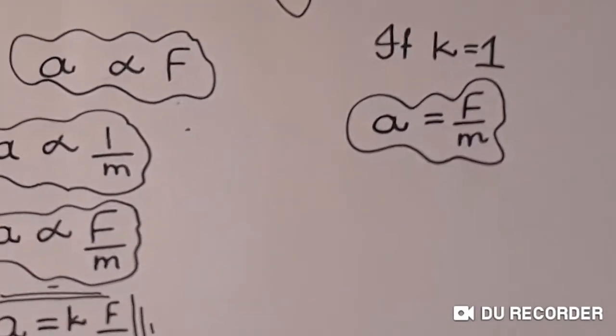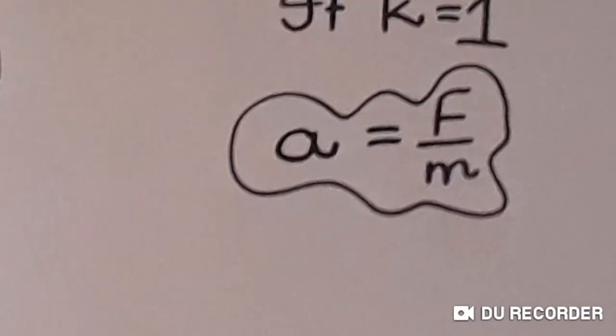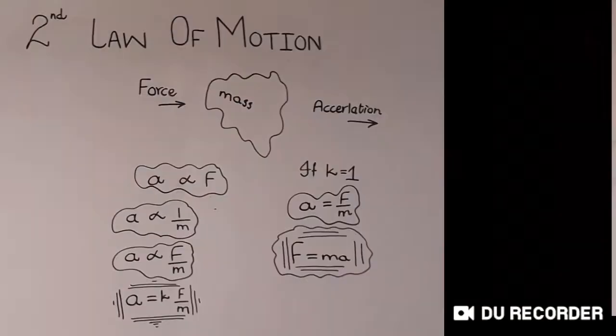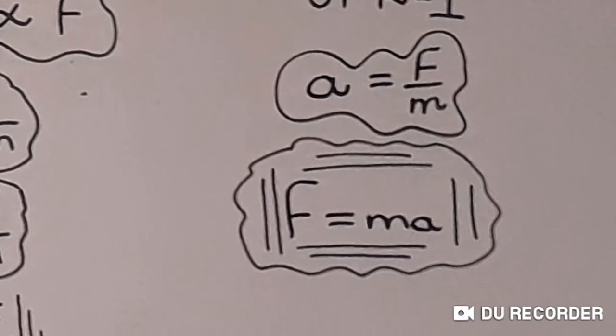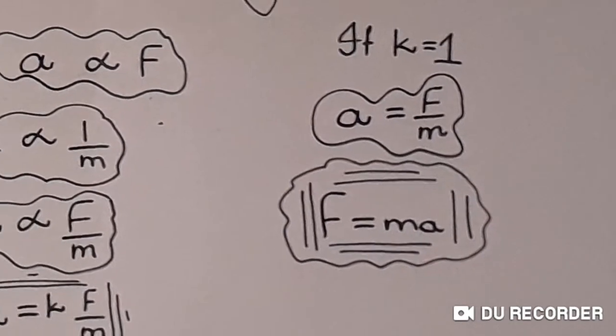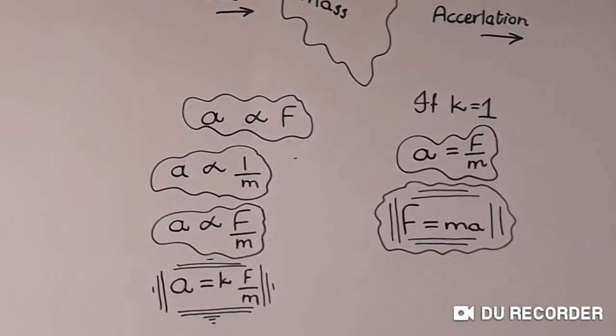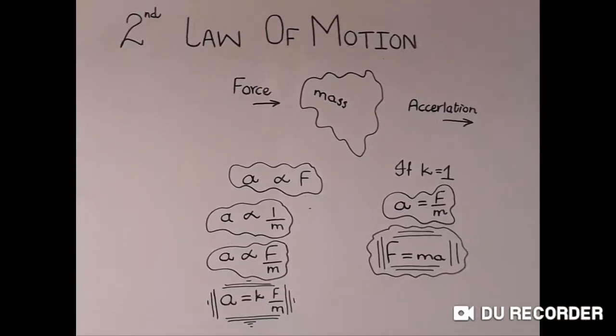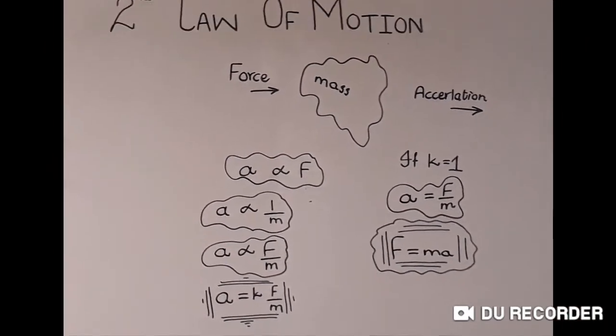This equation is widely used in physics, and another form of this equation is F equals ma. F equals ma means that the force acting on a body can be determined by multiplying the mass of the body and the acceleration of the body.